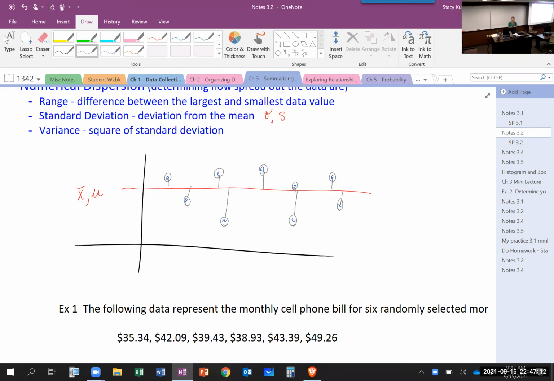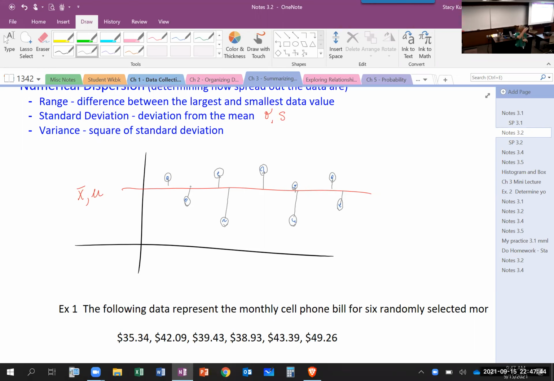Now, if I have a bunch of points that are right around the mean, all of these data points centrally located right around my horizontal line up there, I would not have very much distance away from them, would I? The smaller the standard deviation value, in other words, the closer it is to zero, if there's zero deviation away from the middle, we don't have any deviation, do we? There is no spread, okay?